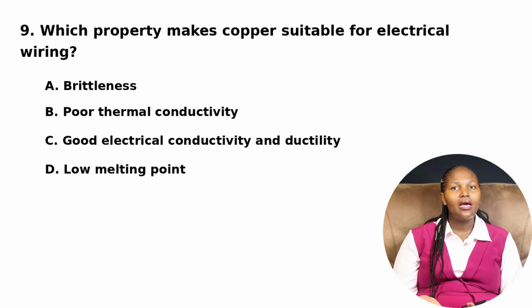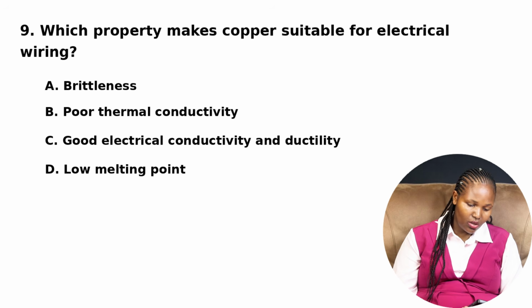So alloys improve selected properties. So that is, alloys are what help to improve the selected properties. So when it comes to this kind of question, always remember that copper is used for electrical wiring because of its good electrical conductivity. Let us look at why the other options are not correct.